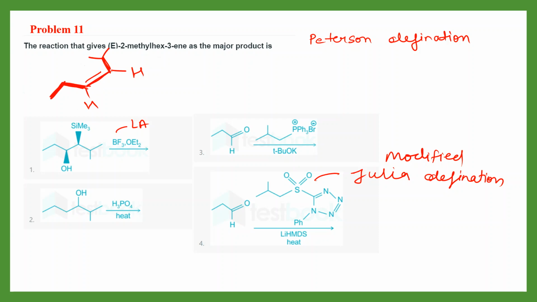Because in acidic media, your silane and OH group should be anti to each other, but here they were same to each other. Okay, in B, what type of alkene you will get? Okay, tell me, is this stabilized ylide or unstabilized ylide?